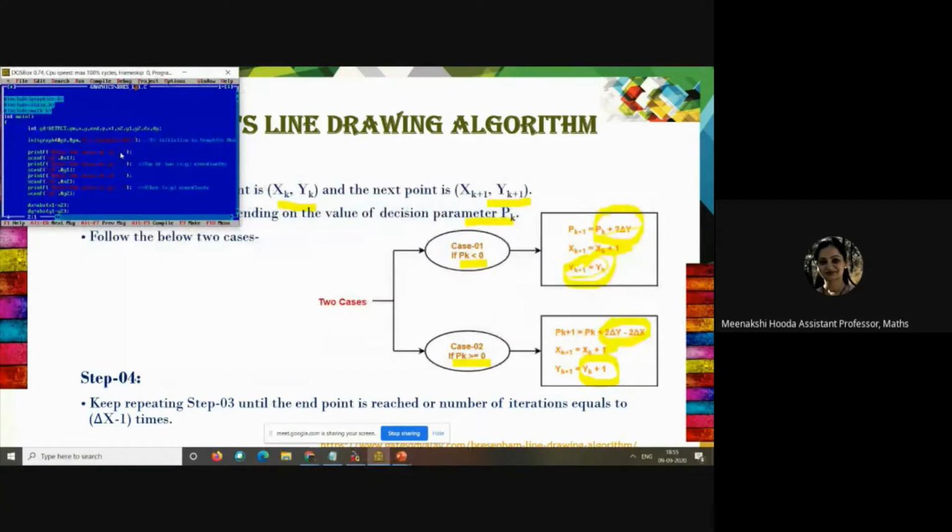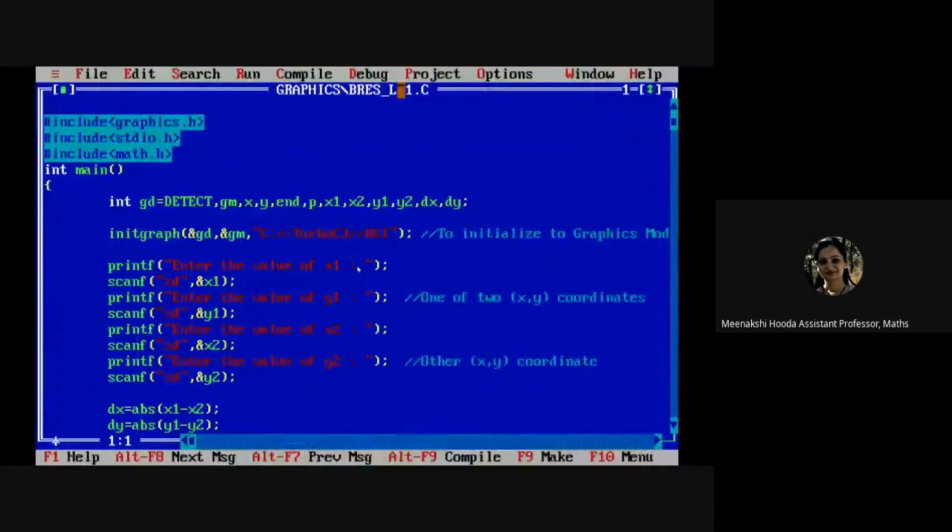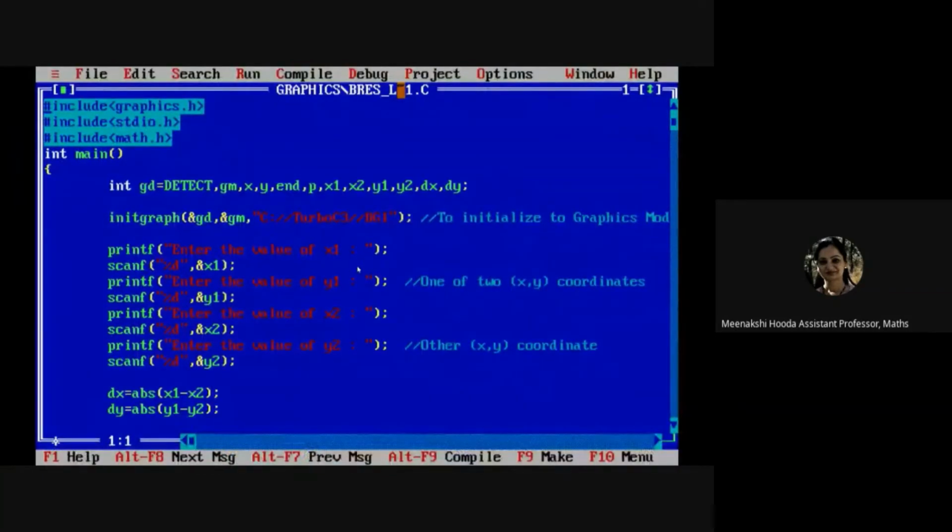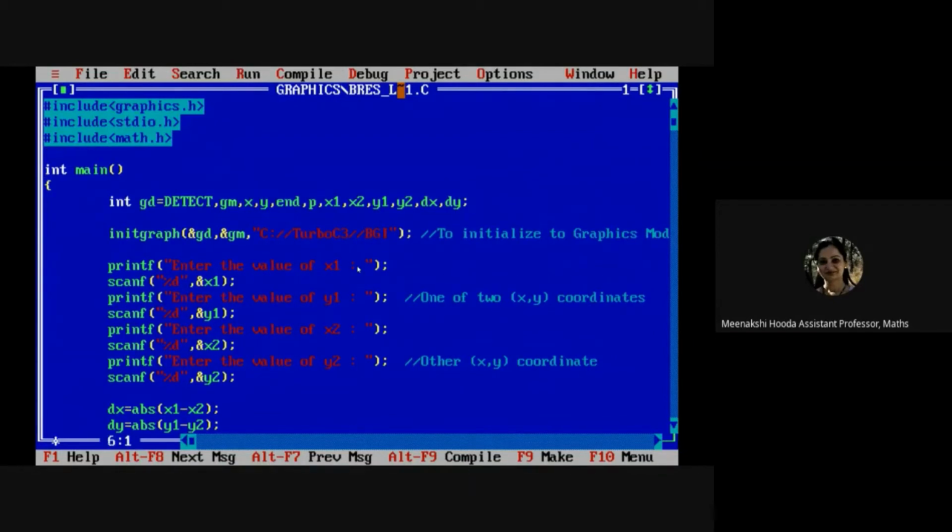There is a program related to Bresenham's line drawing algorithm. First, we have to include graphics.h. Then we are using math.h as we are using the absolute function in the program. This is the main function we are starting over here, and the main point we can consider is that all the variables that we are declaring here are of integer type.